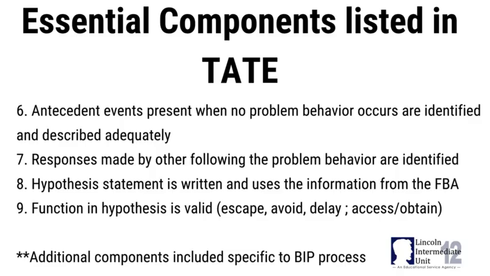Because if a student is triggered typically by being asked to complete an academic task independently, and 7 out of 10 times they will have a behavior when asked to do an independent task that is academic in nature, we also need to take note of those other 3 times.